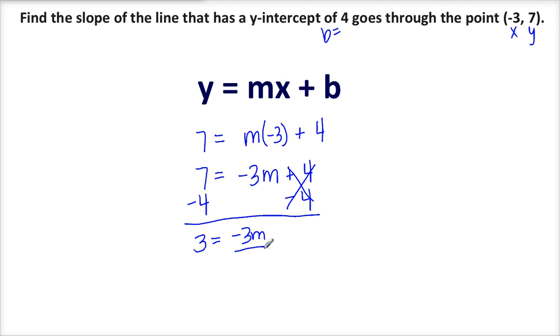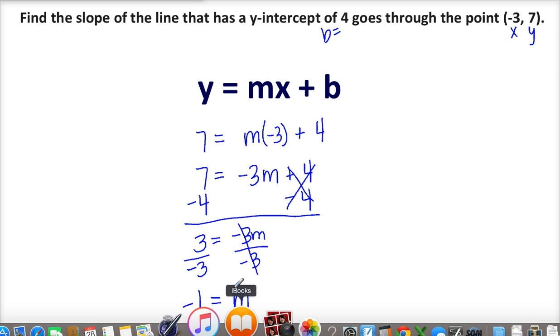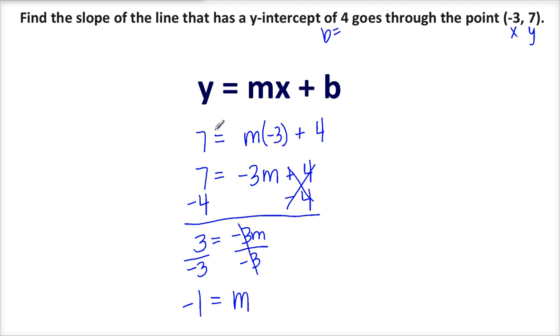And finally, divide both sides by -3. Okay, 3 divided by -3, check it with a calculator, is -1. And -3 divided by -3 is +1, so I have 1m left. So the slope of this line is -1.